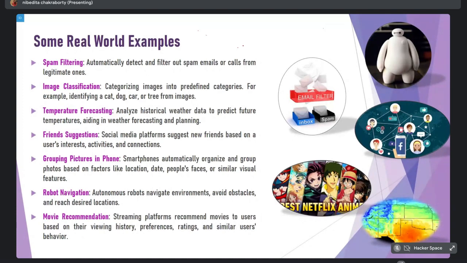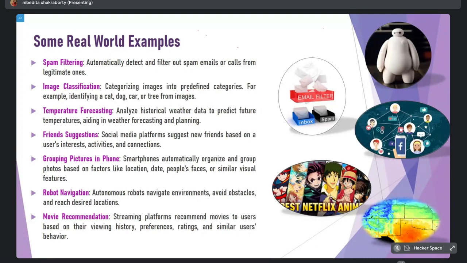Whatever the spam email content is can have text, images, and file attachments, which is a type of unstructured data. So what we come to know is that real world data is a mixture of all kinds of data. There can be structured and unstructured data in a single problem. So spam filtering has examples like emails and Truecaller, right? Now image classification.